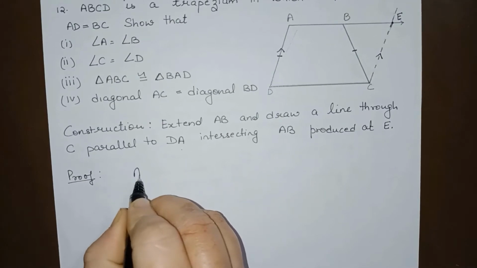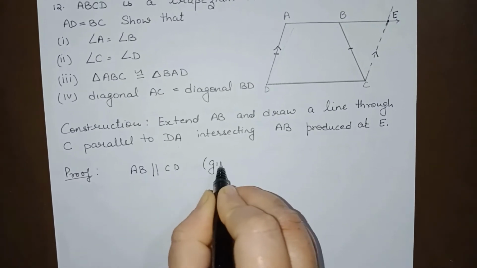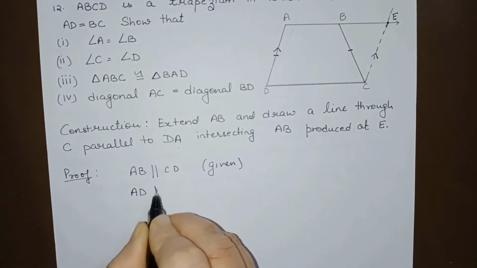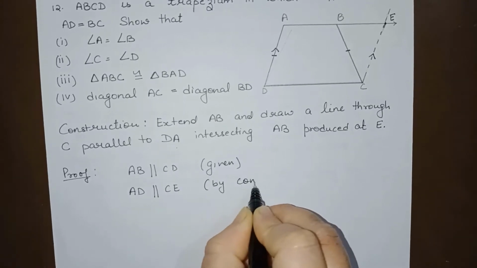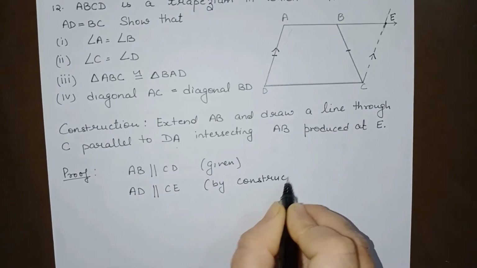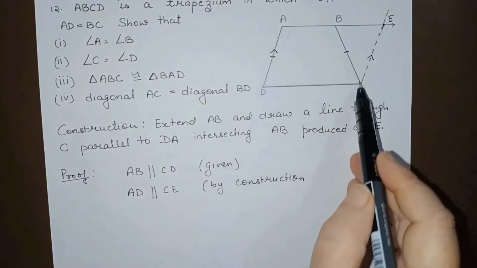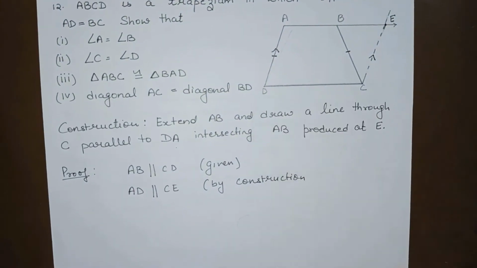Now AB is parallel to CD, it is given. AD is parallel to CE, this is by construction. So that means opposite sides of this quadrilateral AECD are parallel.